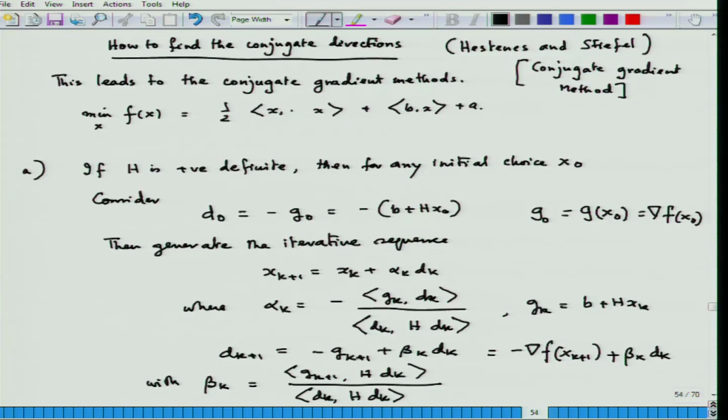So H is my Hessian matrix, if you want to trace that, at every point x.